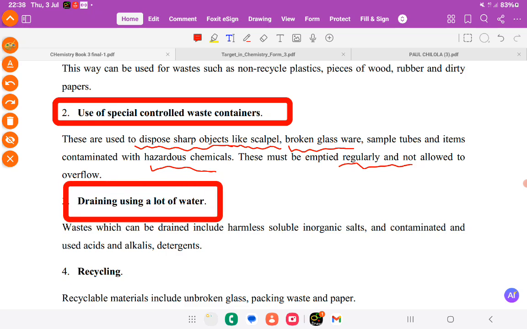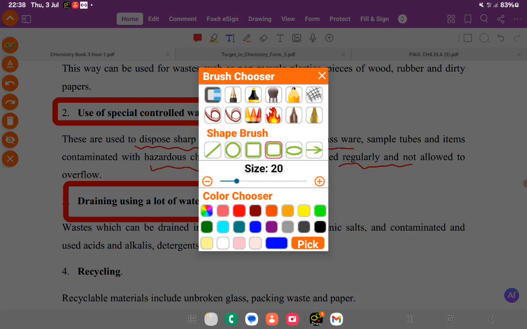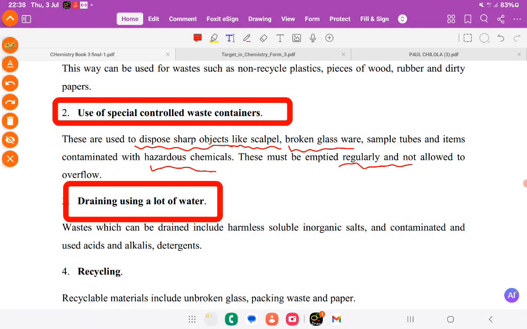So draining means that this makes use of water sinks which are strategically placed in your lab. All right, so just drain this into the sinks of your lab.